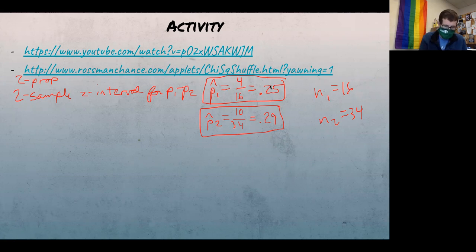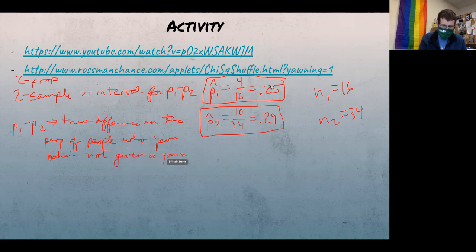What P sub 1 minus P sub 2 represents here is the true difference in the proportion of people who yawn when not given a yawn seed and when given one.